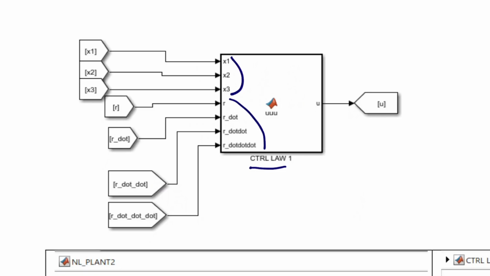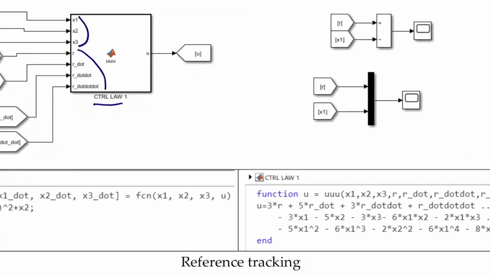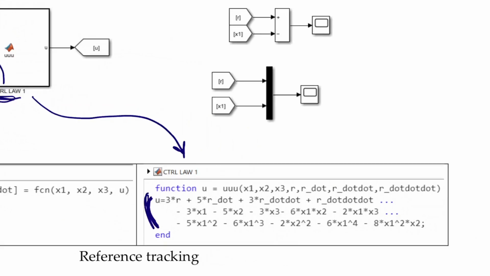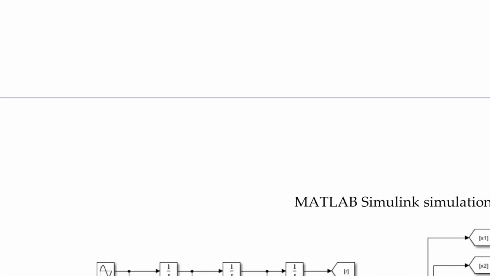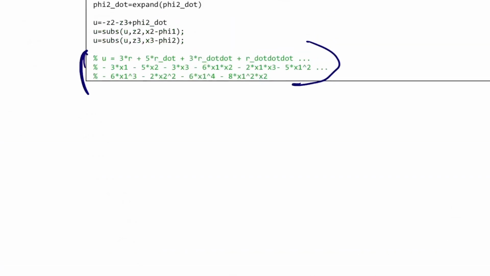So this block generates the input signal, and the inside of it is given here. We just wrote down the control law that we generated using the symbolic toolbox. This is the same expression, so let's keep this in mind. Let's go back and look at that. Here, same expression, the result of this whole symbolic manipulation.